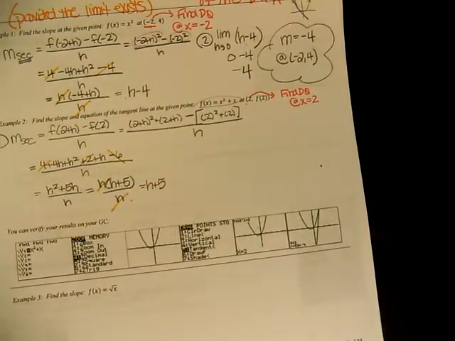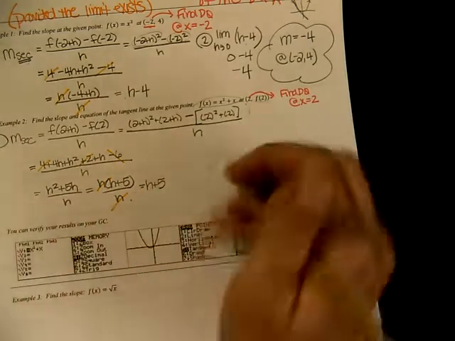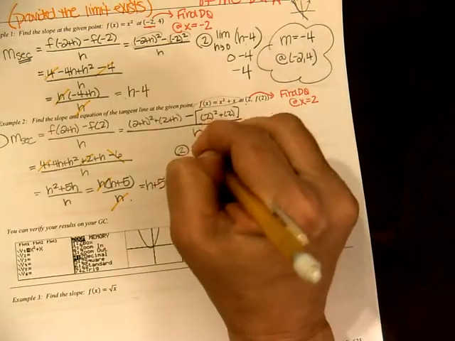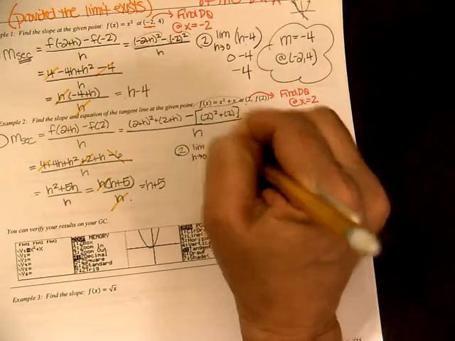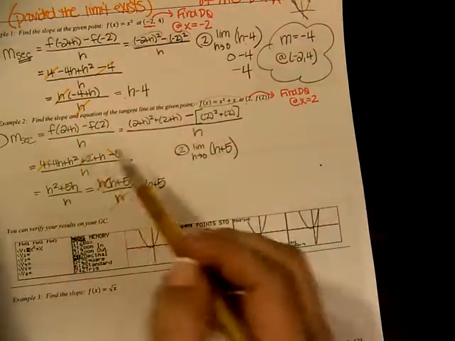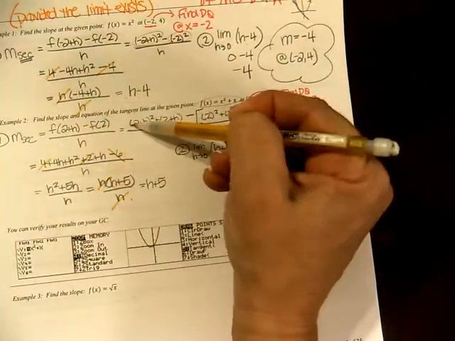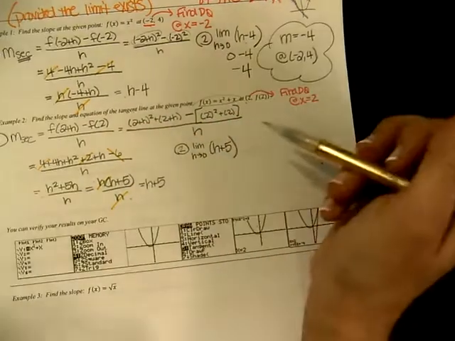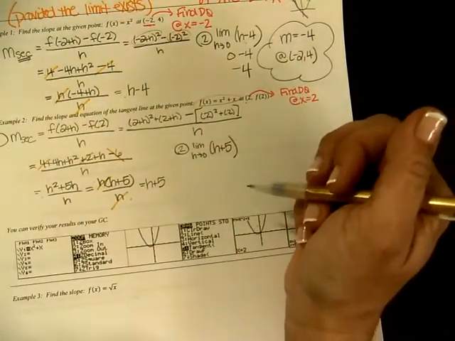So again, what I found was the slope of the secant line. In order for it to be the slope of the tangent line, I have to take the limit as h goes to 0 of that secant line. And again, if you don't want like a step 1, step 2, you can have a limit as h goes to 0 in front of every single step. But on the AP exam, they take off if you don't have that and you're finding the slope of the tangent line.